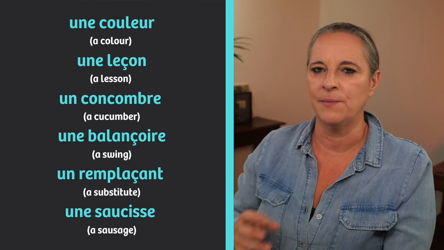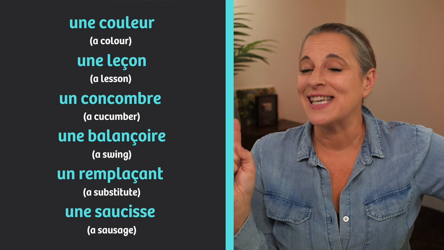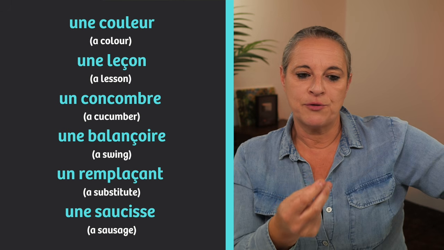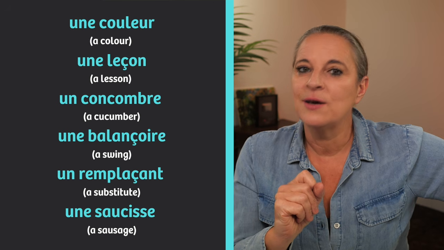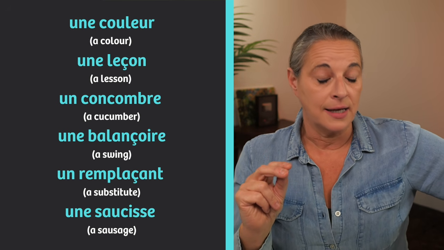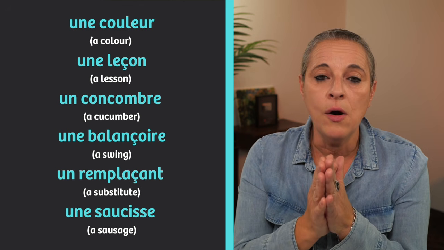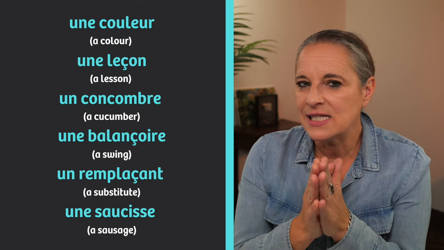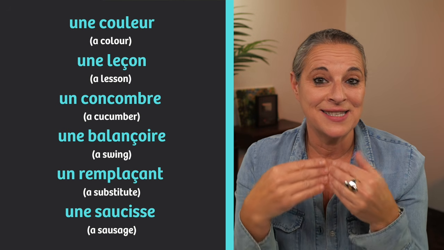So, remplaçant. And finally, this one. Saucisse. Do you notice that we pronounce the S sound and not the K? And why is that? Because there is an I after the C. And like I said to you earlier on, if an I or an E is preceded by a C, then the sound is S.